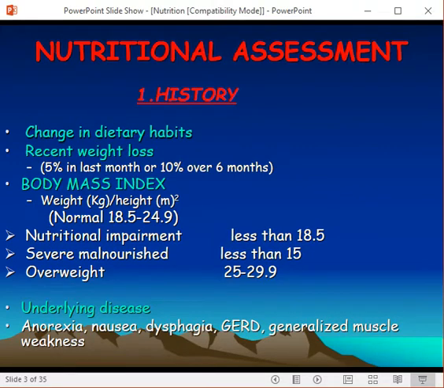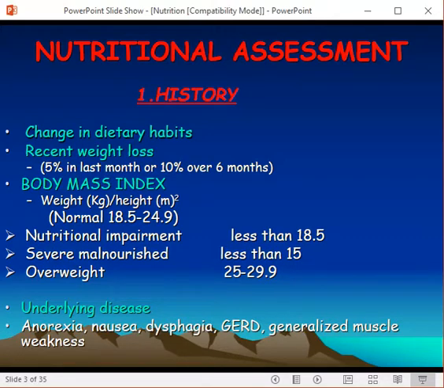Now, how will you nutritionally assess? How do you do this nutritional assessment? There are different ways. First, it is the history.